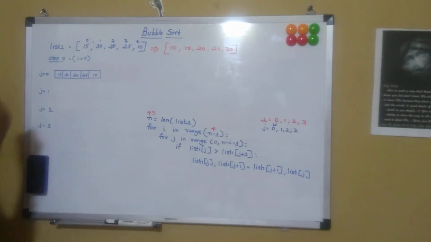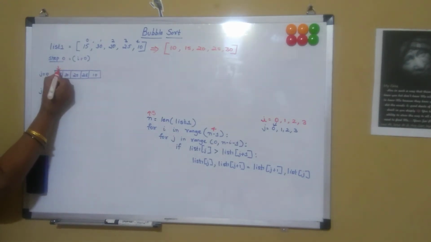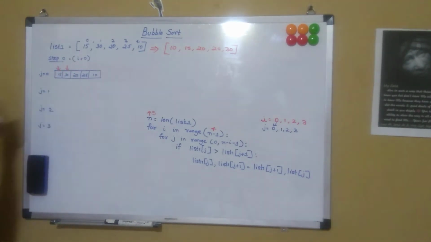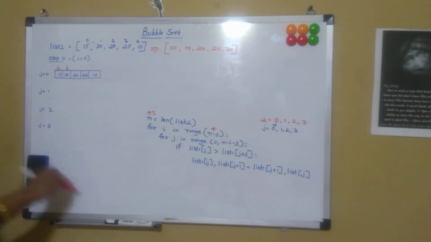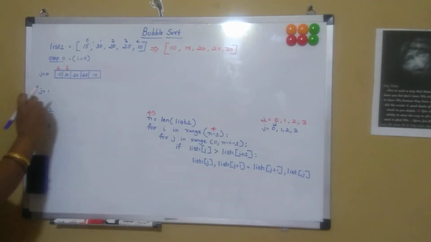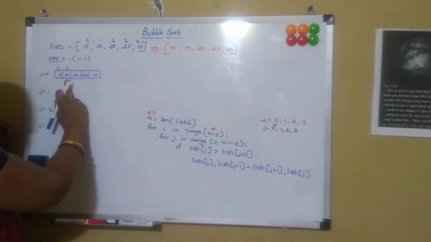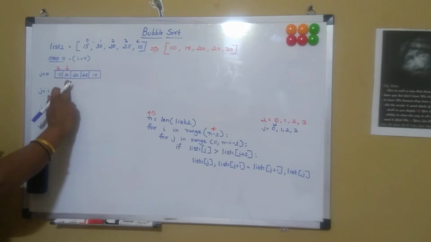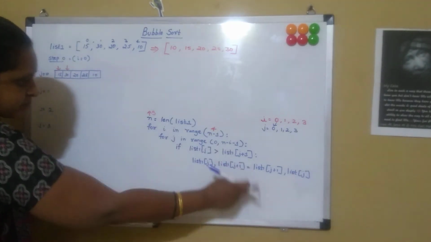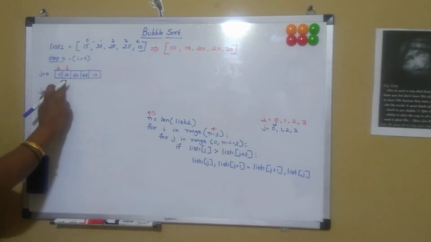So it will compare the j equal to 0 and j equal to 1 values. The adjacent elements get compared. It will compare if the first element is greater than the second element. If it is so, then it will do the swapping. Otherwise, it will retain as it is.